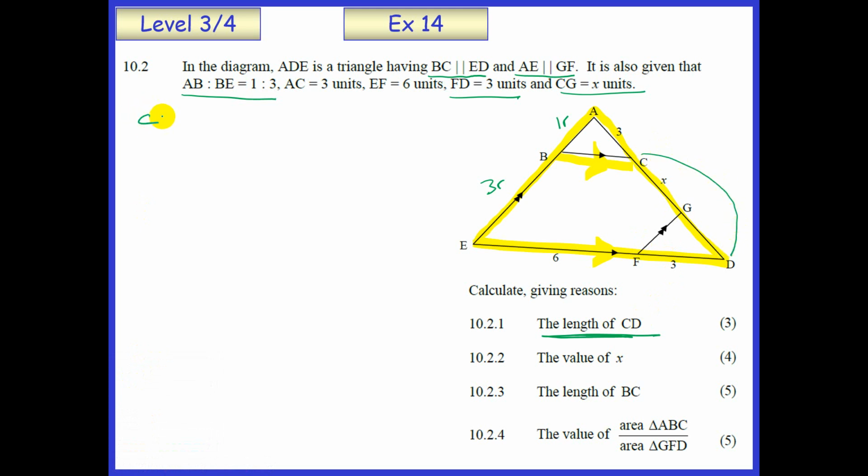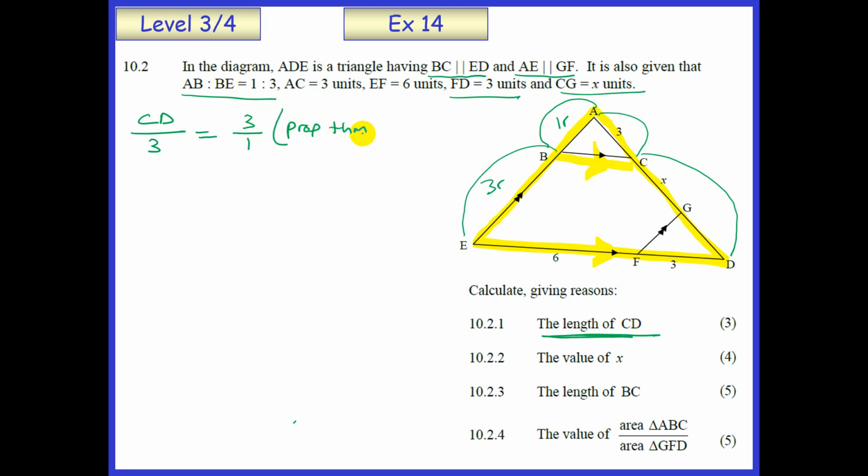So we're going to say CD over AC, which is 3, is actually equal to 3R over 1R, which is basically 3 over 1. And the reason for that, we would say, is prop theorem.